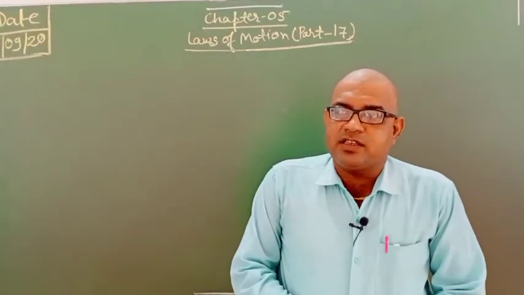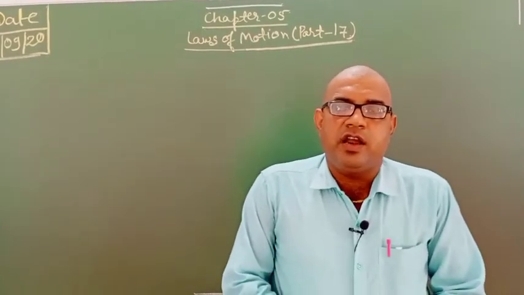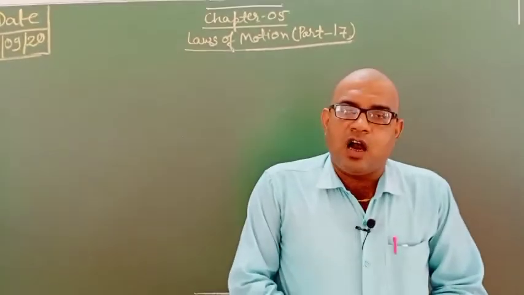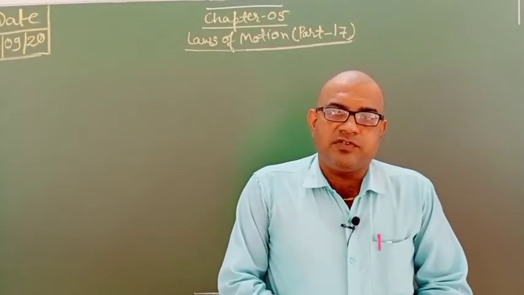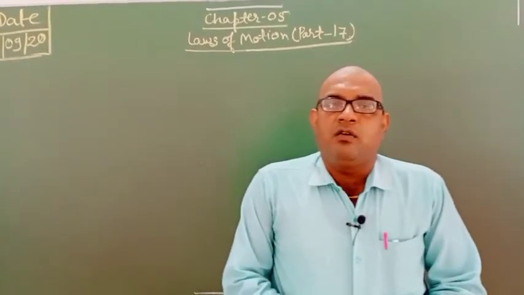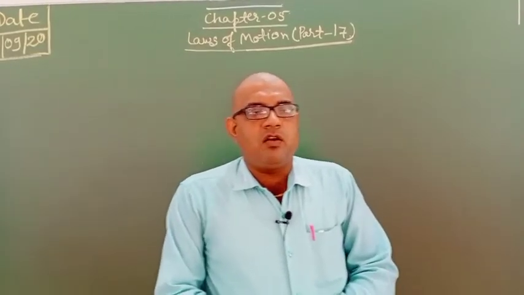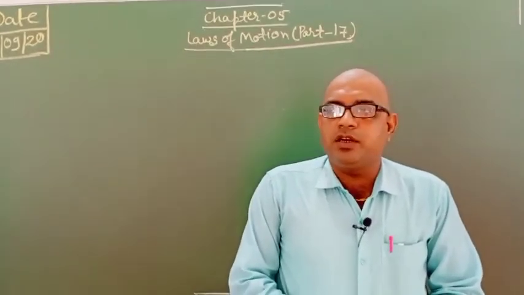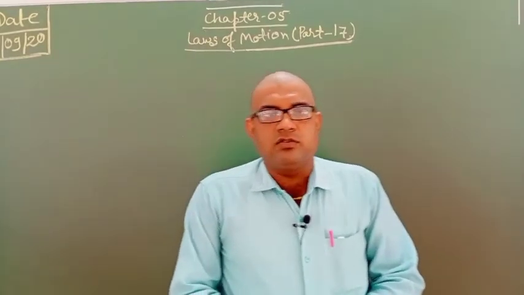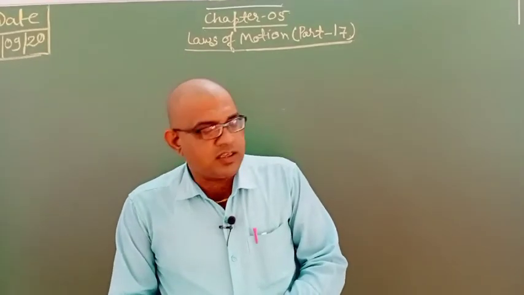After that, we discussed how sliding friction is converted into rolling friction, and what the advantages of that conversion are. We also discussed an interesting example, why it is easier to push a long roller than to pull it, and mathematically we derived the condition for rolling without sliding. All these things we had discussed.